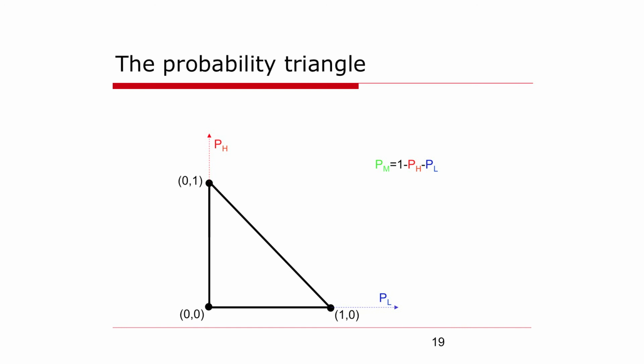This axis is the probability of high, and it goes from 0 to 1. Along this axis the probability of low is always 0, so you get only the probability of the high outcome, say 0.5 over here. On this other axis the probability of high would be 0. This is called the triangle.